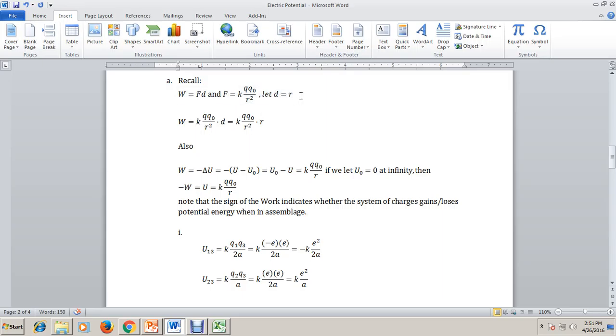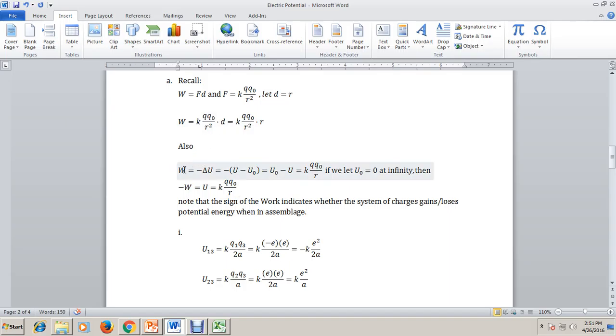But D and R are simply the same distance, the distance between Q and Q sub O. Since they are the same, we can substitute F in our formula for work. So work is F times D, and since D is R, we can replace D with R. Notice that we can cancel one of the R since this is R square. What happens now is work becomes K Q Q sub O over R. We cancel one of the R's.